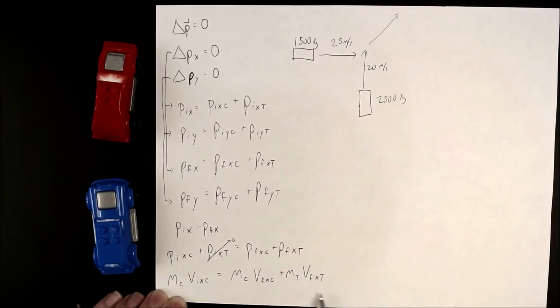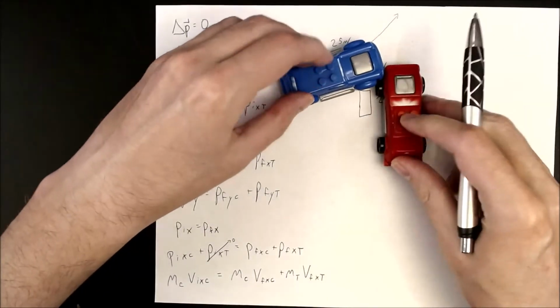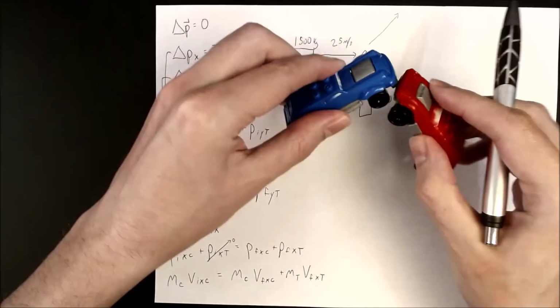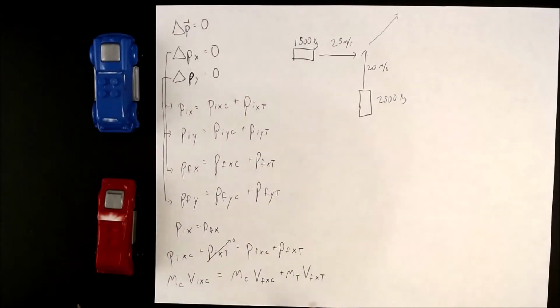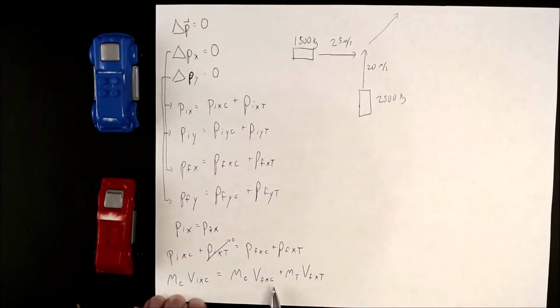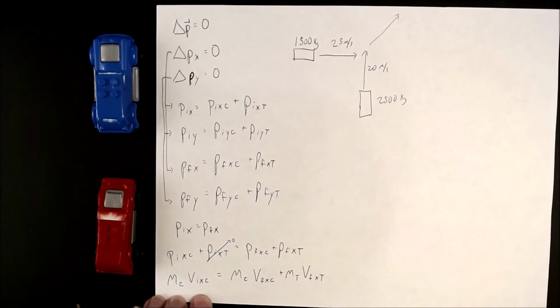Looking at this, the question says that they crunch together, so they have attached themselves to each other. That means that the final velocity for the car and the truck will be the same in the x, and it'll also be the same in the y.